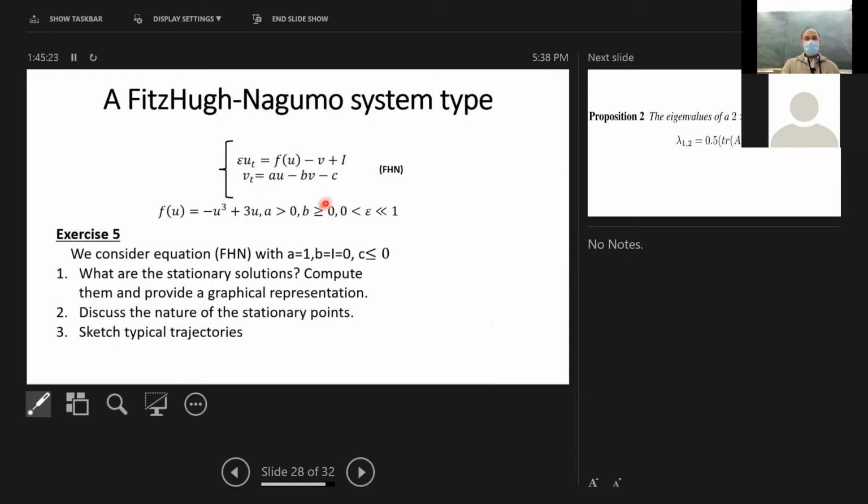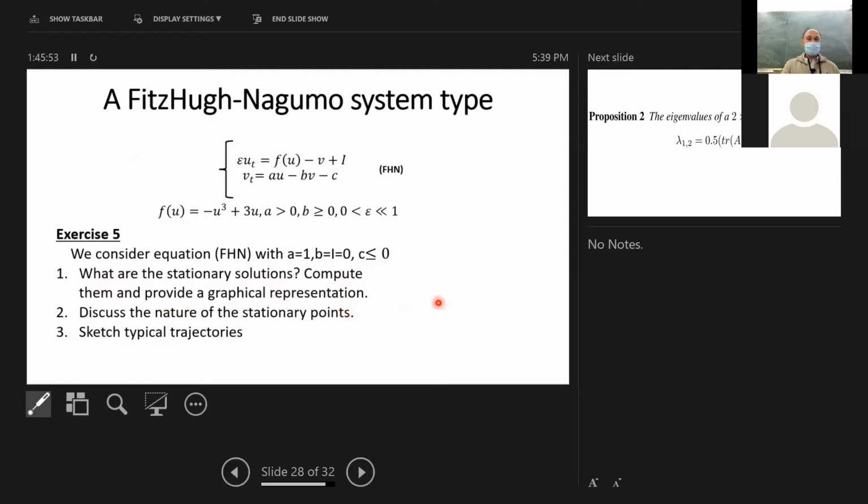And what we are going to do now until the end of the lecture is that you are going to solve this exercise, right? So, yeah, here are the equations, and we are looking for the stationary solutions. You know what they are. You can try to provide a graphical representation, discuss the nature.